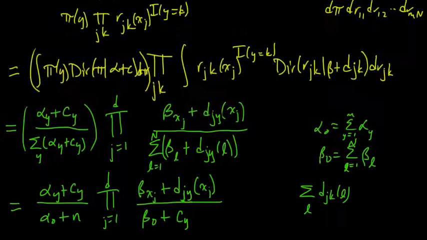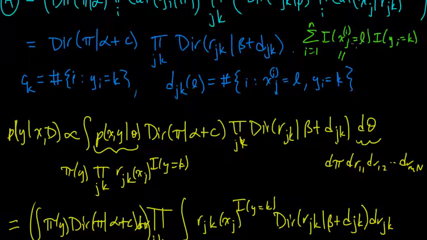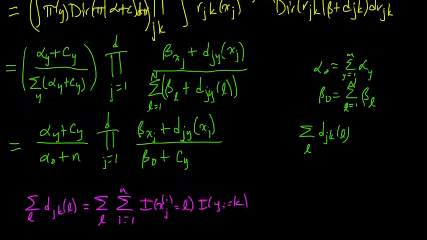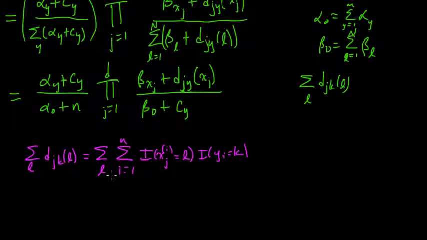Here the sum over the l's is over all the possible values that x might take, so l from 1 to capital N. Now if we switch these sums, we can always do that because these are just finite sums.